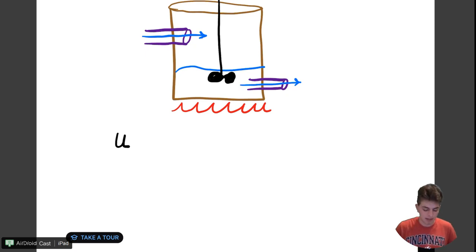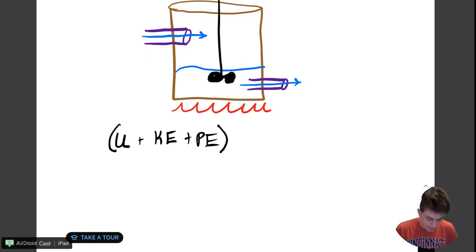So this is a specific internal energy, and then we would add to that our kinetic energy as well as our potential energy. And by taking the differential of this, we would, therefore, be finding the change in energy of our system.